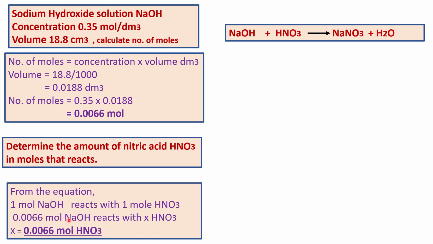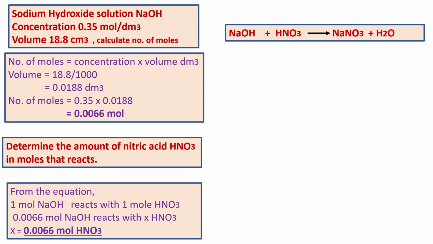It is for sodium hydroxide. It reacts with X HNO3. It reacts with the same number. 1 mole reacts with 1 mole of nitric acid. Therefore, 0.0066 mole of sodium hydroxide reacts with X. X is 0.0066 mole nitric acid. This is the answer which we want.